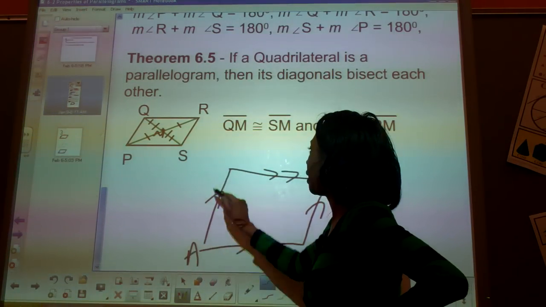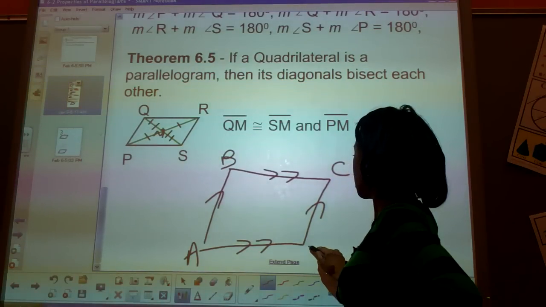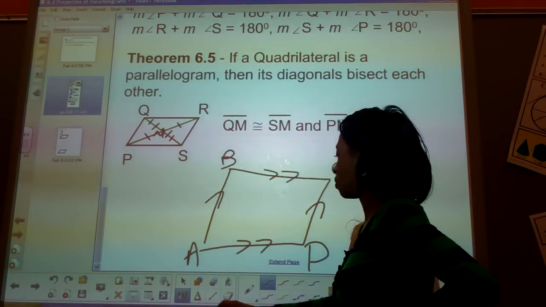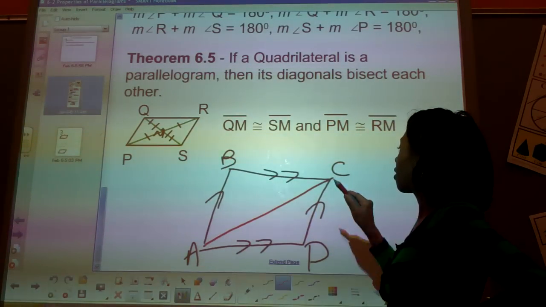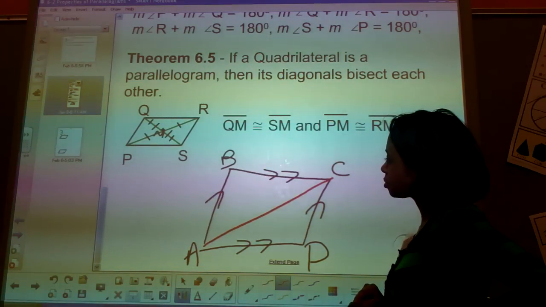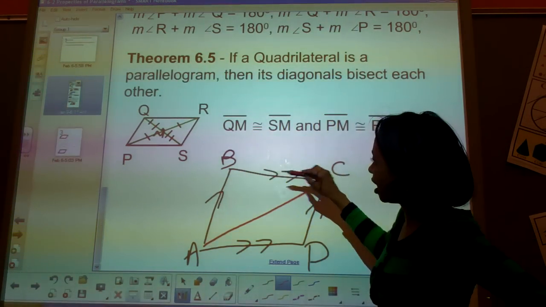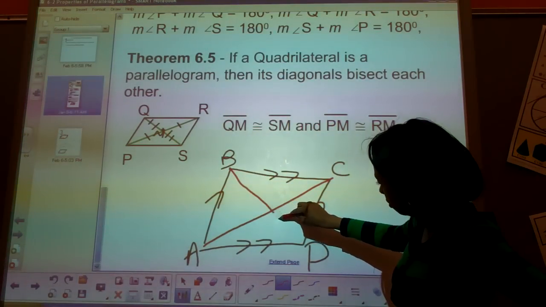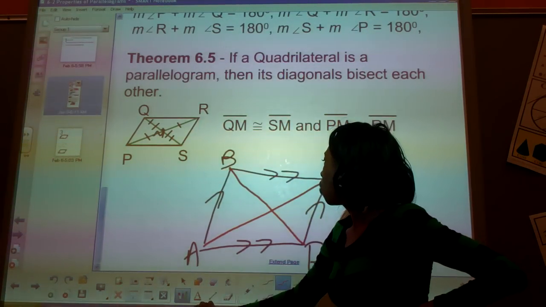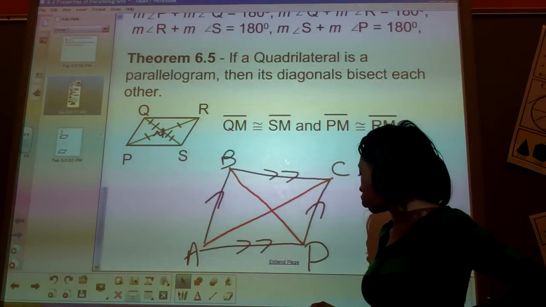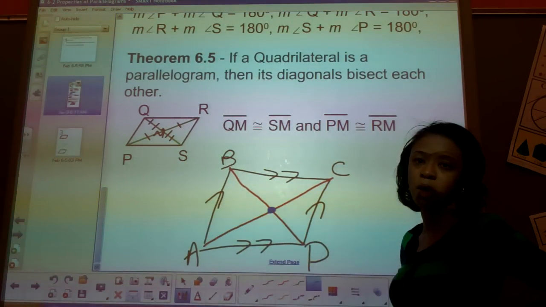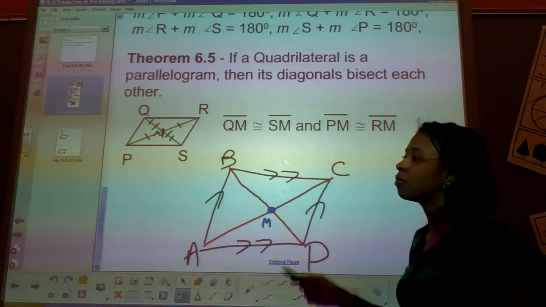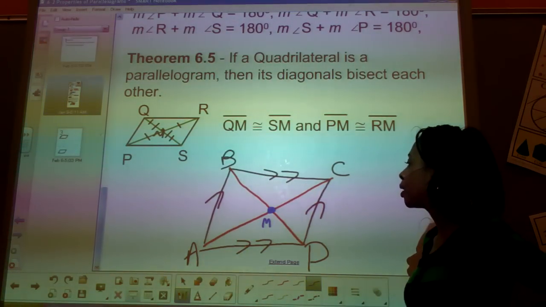If I have A, B, C, and D, and I draw the diagonal from A to C, and then a second diagonal from B to D, we know the two line segments will intersect right here at some point. I'm just going to call that point M.